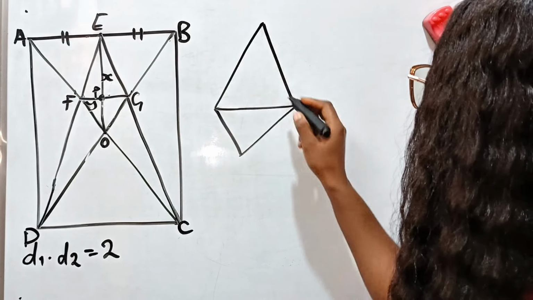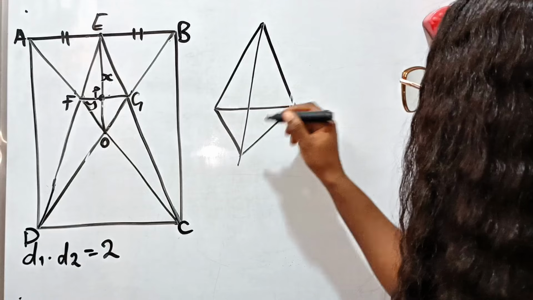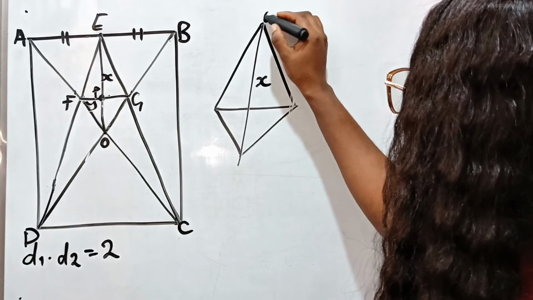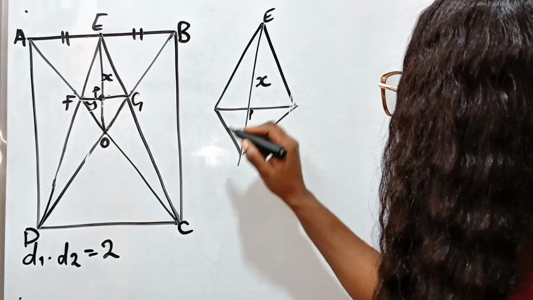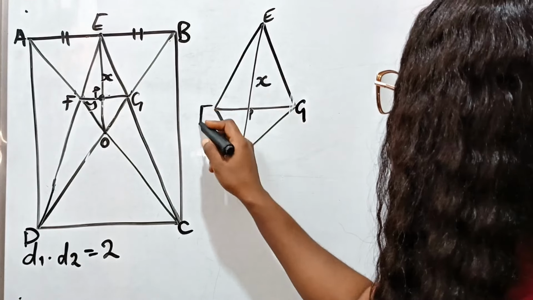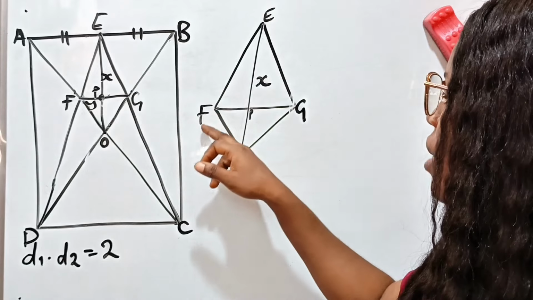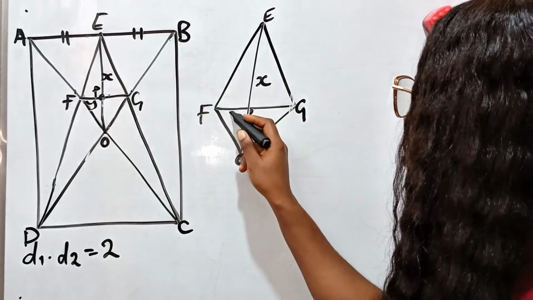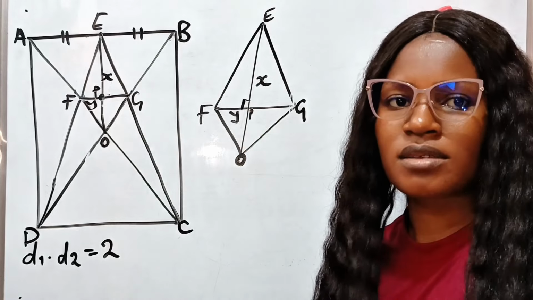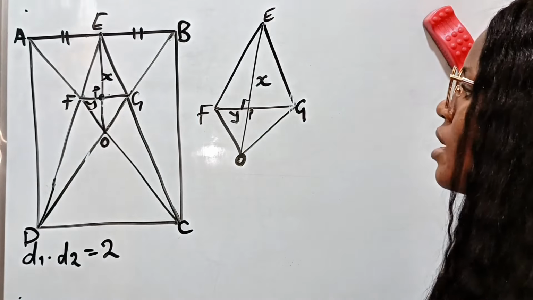So we have from here to here to be X. This is E, this is P, and this is O. We have G and we have F. Now, F to P is Y. You can see that this is a right angle, right? This is a kite. It is a right angle.